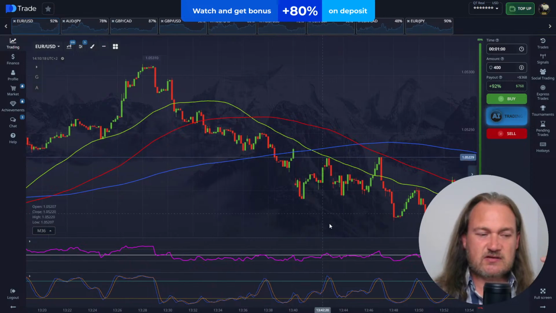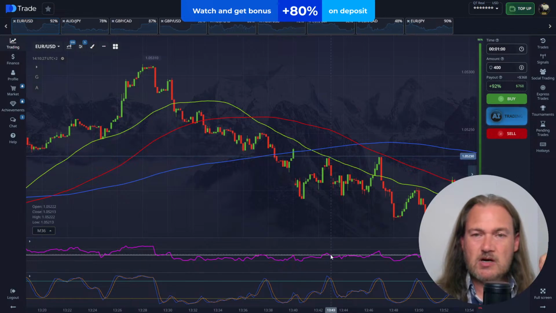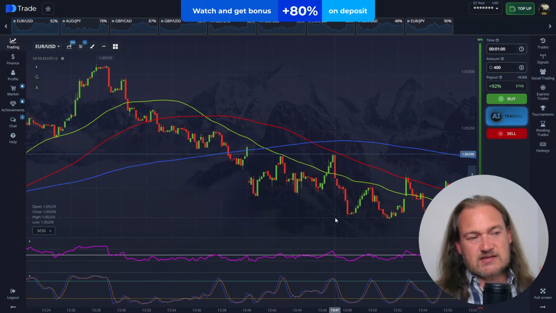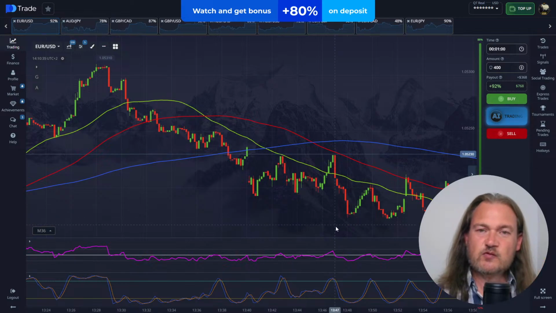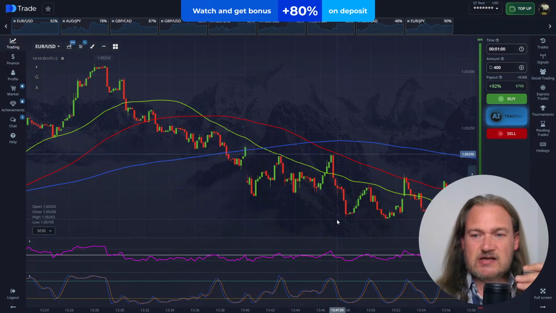At the same time, we're going to see if the RSI breaks through and changes momentum, or if the RSI gets rejected from the middle line and continues the current momentum. This is basically telling us that the momentum for the current move is going to be maintained, and we can take a trade in the direction of the current trend.